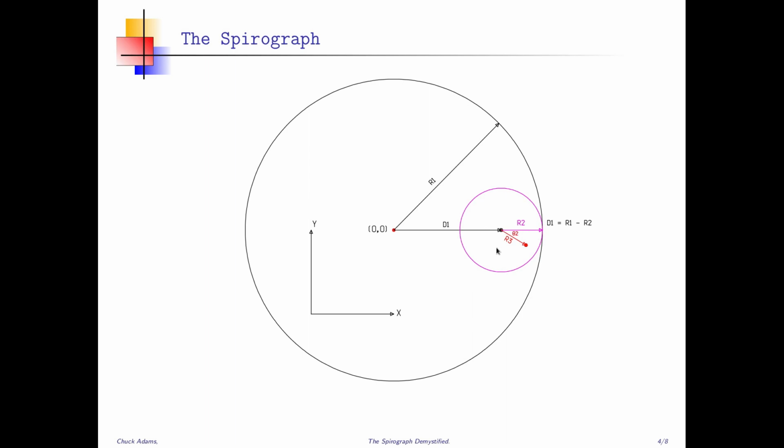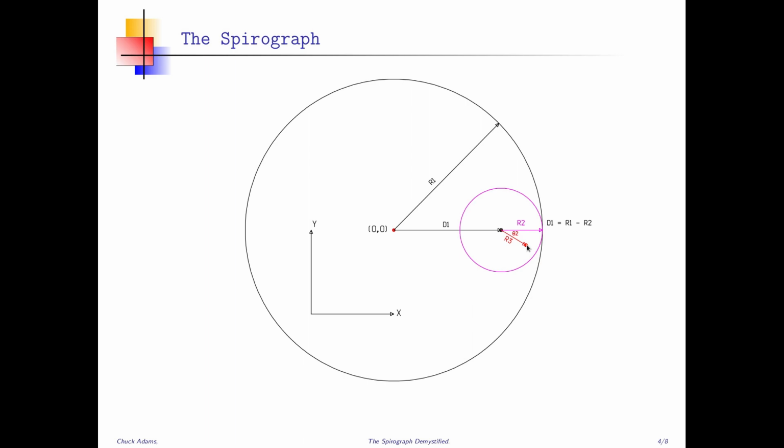I drew it in purple here to ease the demonstration and the illustration. And then there are a number of holes. I just picked one of them here that we're going to insert the pencil or pen or felt tip pen, whatever writing device you use.